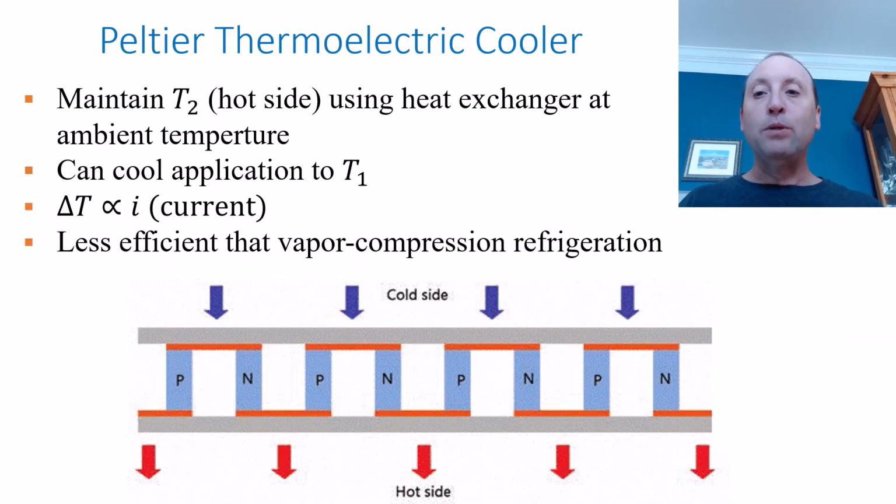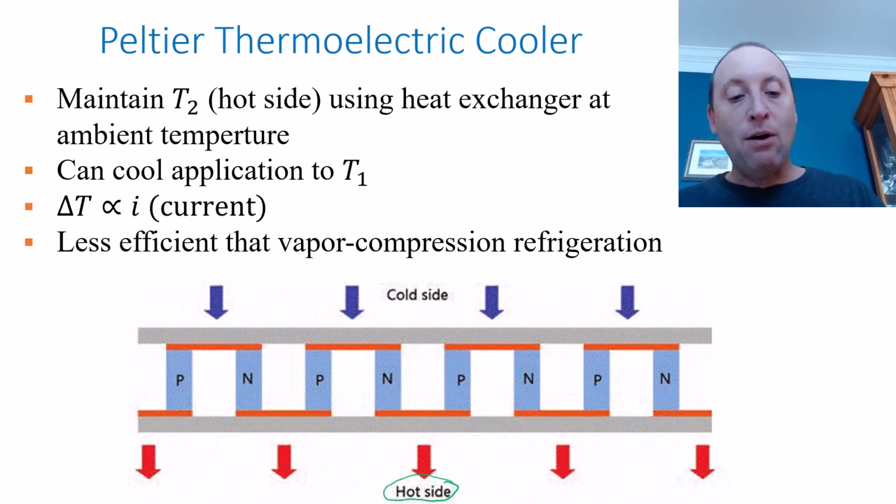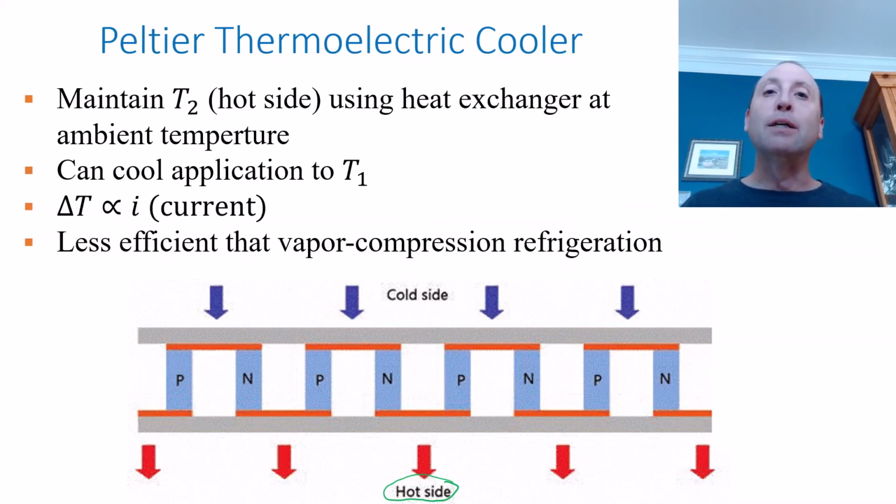And so what we would do is we would try to limit how hot the hot side gets by using fans or some type of heat exchanger, like aluminum fins, like you might see in your computer case. So we try to keep the high temperature side as low as we can by exchanging heat with the ambient air, and that allows our cold side to get even colder.